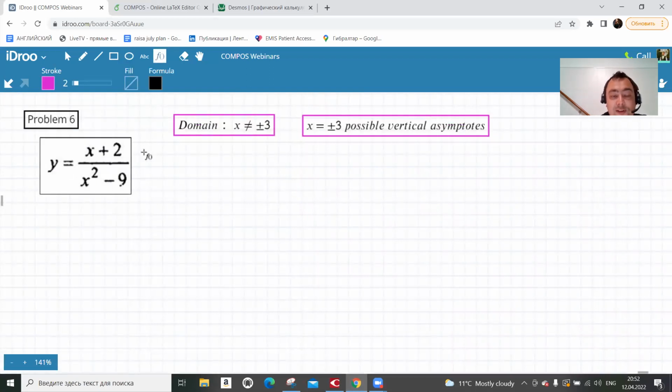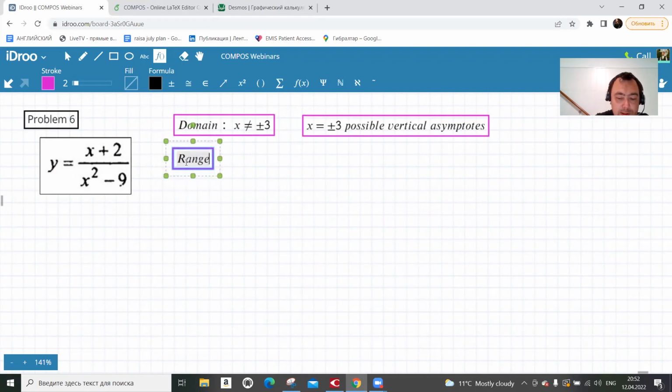Finding the first derivative will actually help me find the range. So, let's deal with asymptotes first.